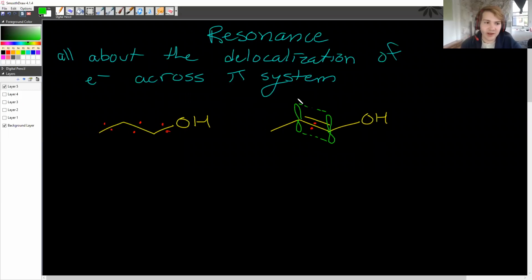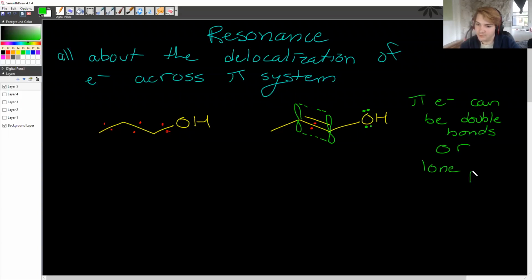Because what's interesting is that they can interact with other pi electrons. And pi electrons can be double bonds or lone pairs.